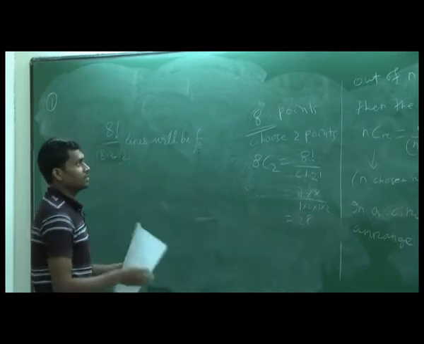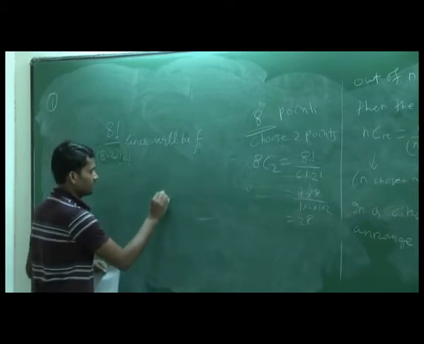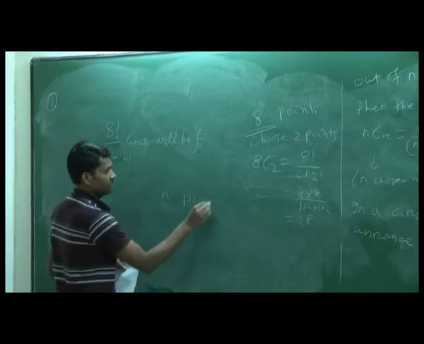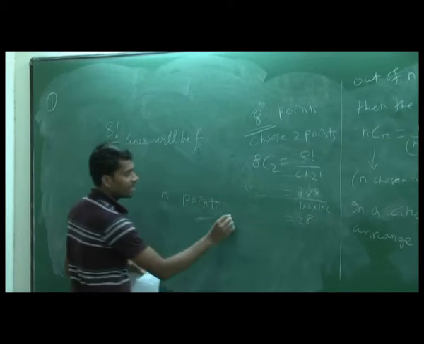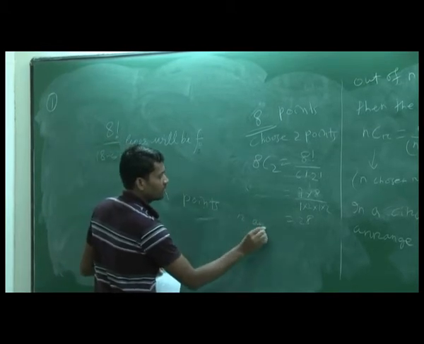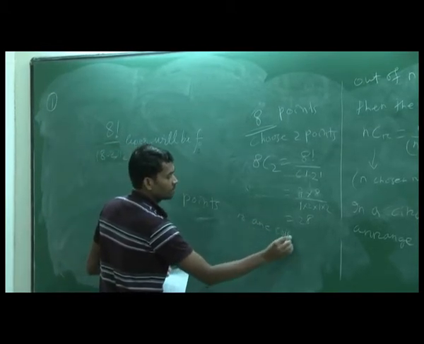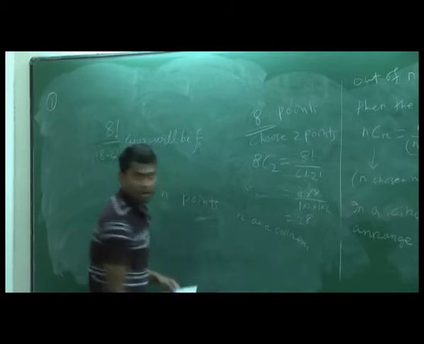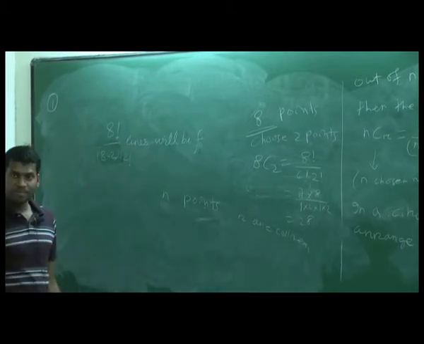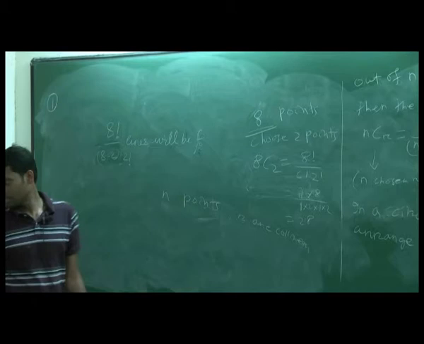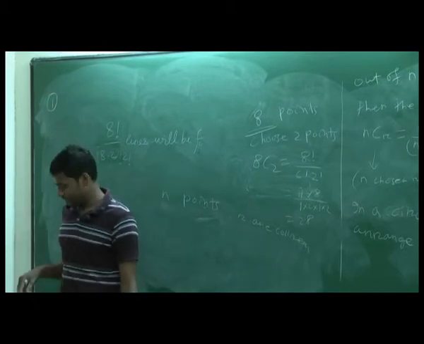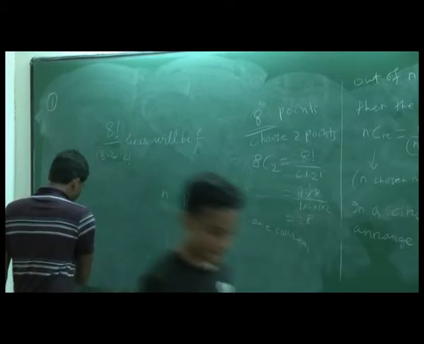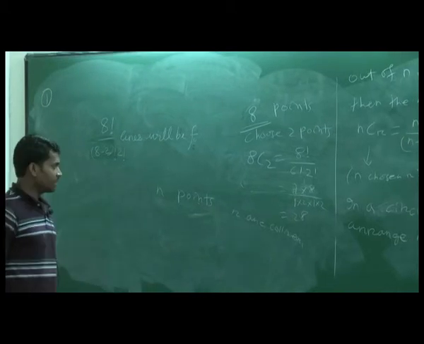If we generalize this, if there are n points and r are collinear, then how many lines can we draw?